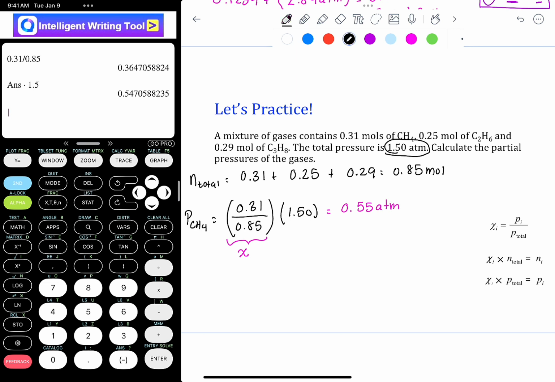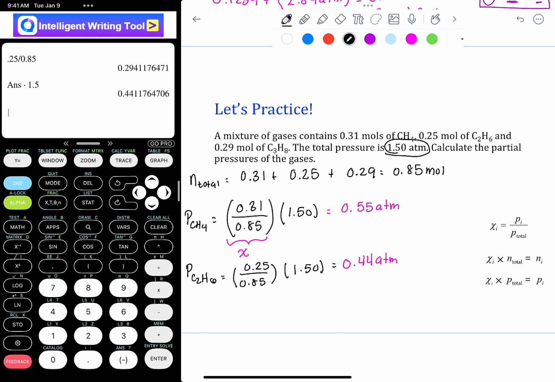Next up, we'll do the same thing for C2H6, except now its partial is going to be 0.25 over 0.85, but we're still multiplying that by the total pressure of 1.5. 0.25 divided by 0.85 multiplied by 1.5. We get 0.44 ATM.